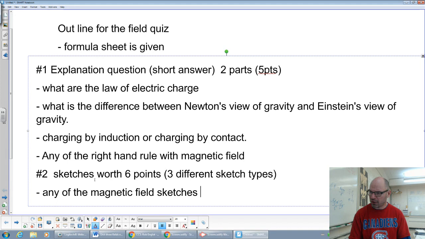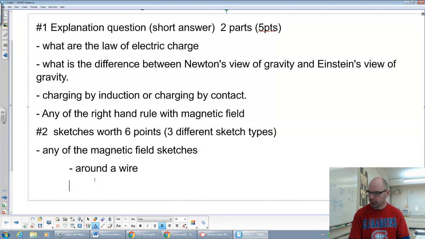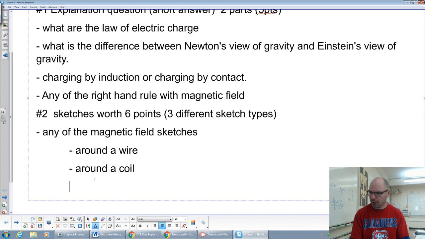Under a magnetic field, you're looking at around a wire, or you may be looking at in a coil or around a coil. Those are actually the main two that we did, I think.